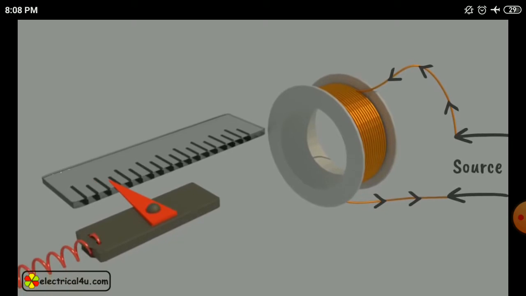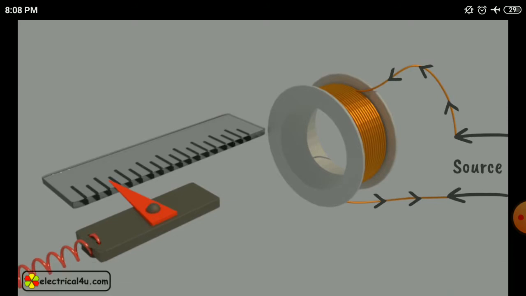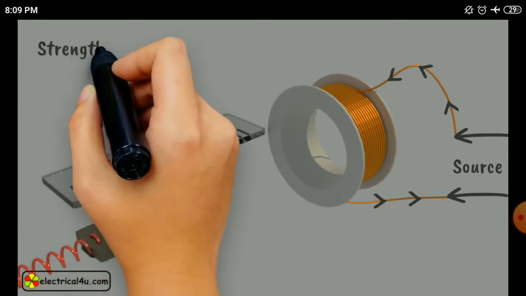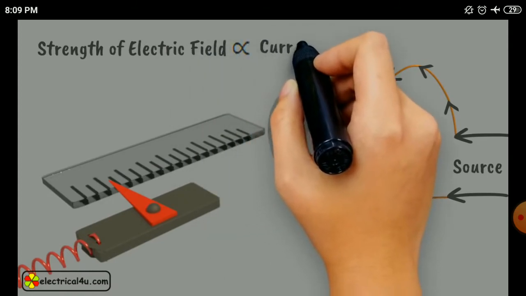A pointer is attached or fixed to the vane. This is the pointer and this is the scale. As the movement of the vane depends on the strength of the magnetic field of the coil, the position of the pointer also depends upon the strength of the magnetic field. The strength of the magnetic field is proportional to the current through the coil.